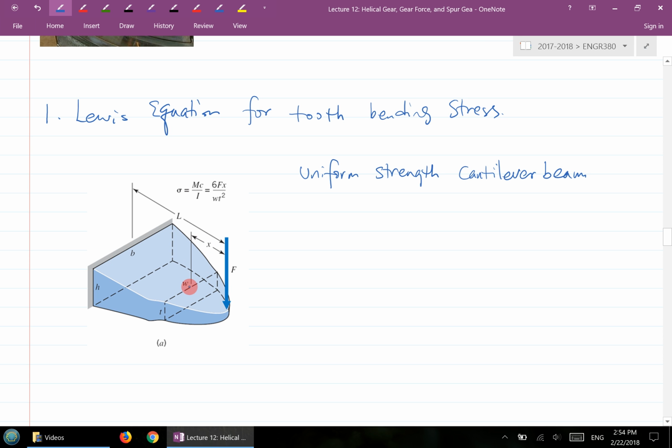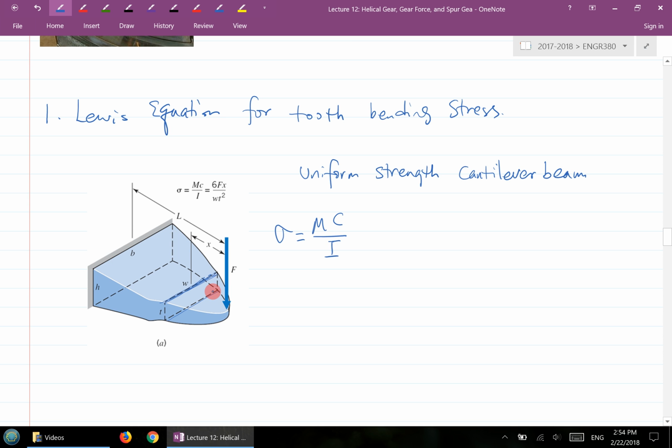You calculate sigma equal to Mc over I. Here c will be half of the thickness, since we're talking about the normal stress at the top or bottom edge.